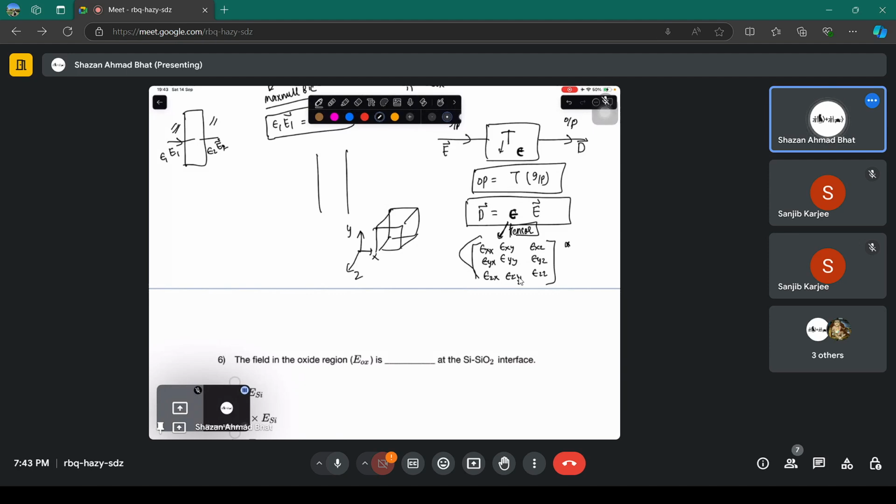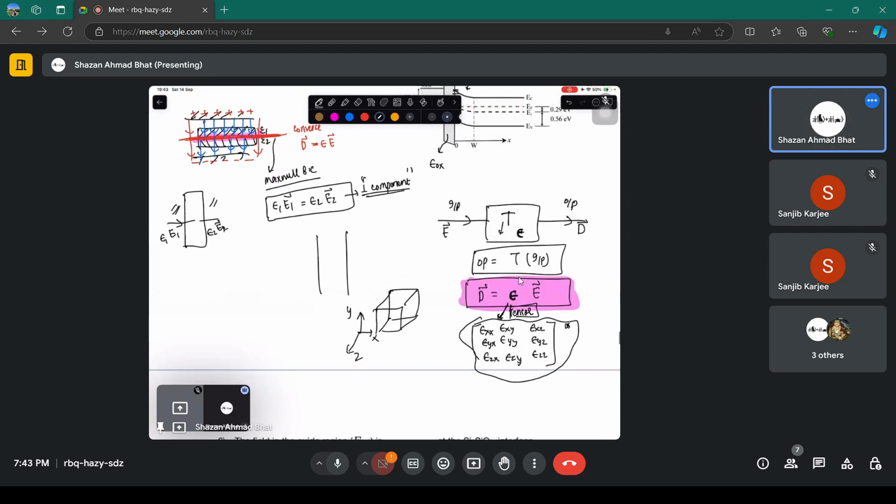This is the permittivity matrix of a three-dimensional system, because permittivity is different in different directions. For a first-order approximation, whatever you study is also applicable. It governs the response of the medium to the external electric field.